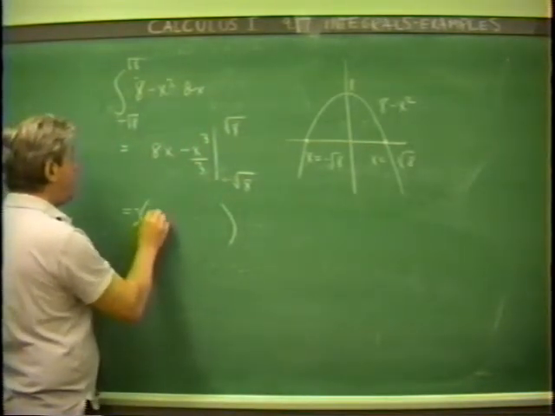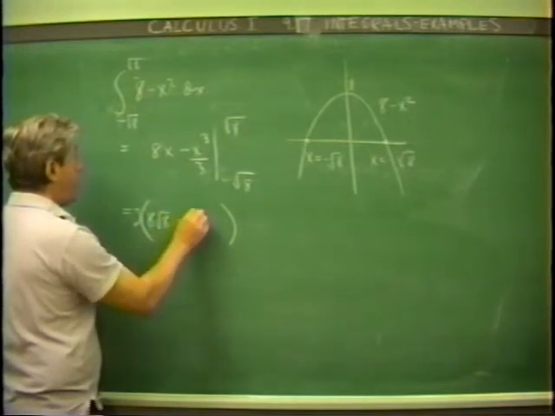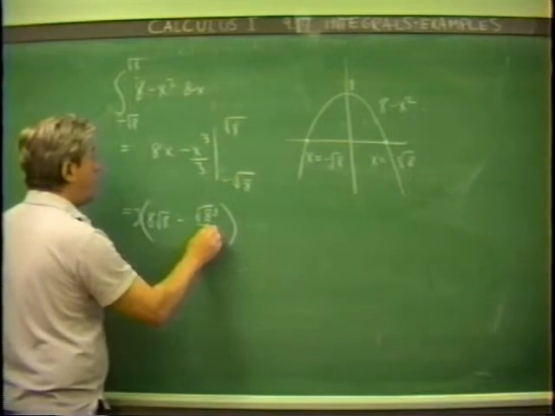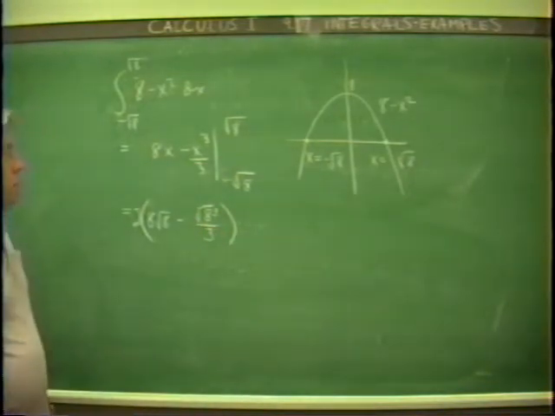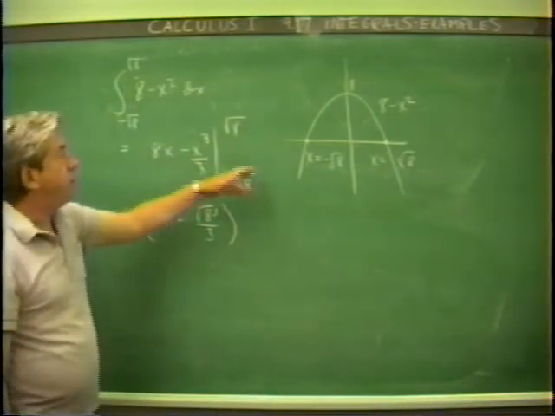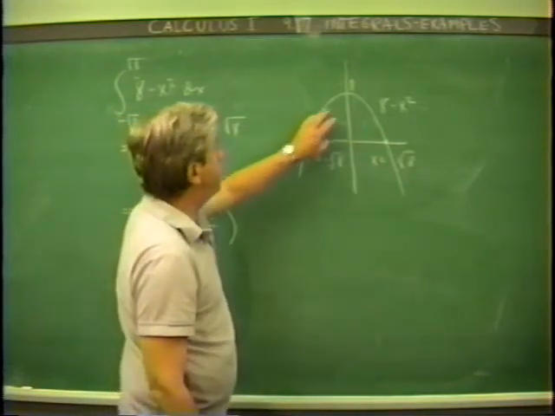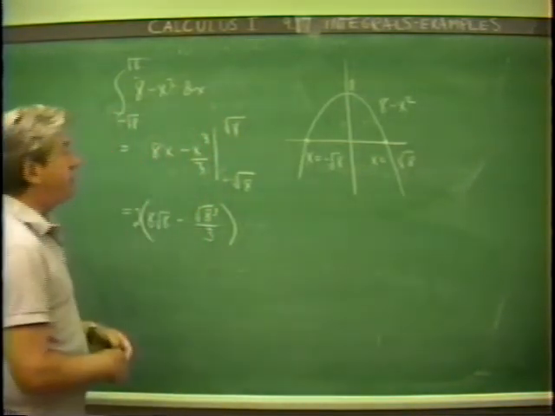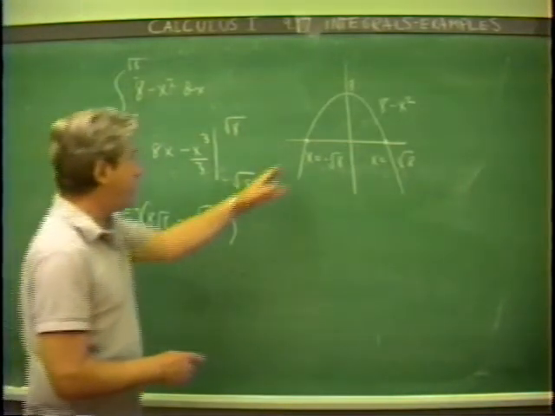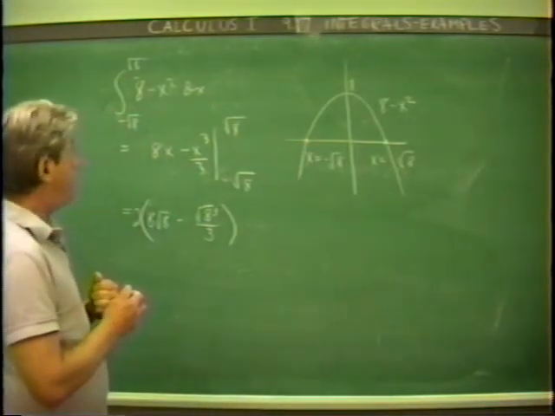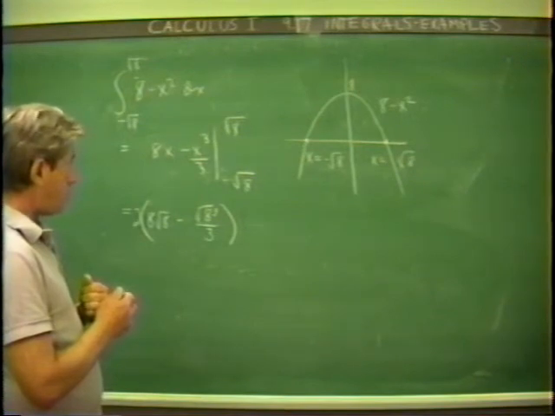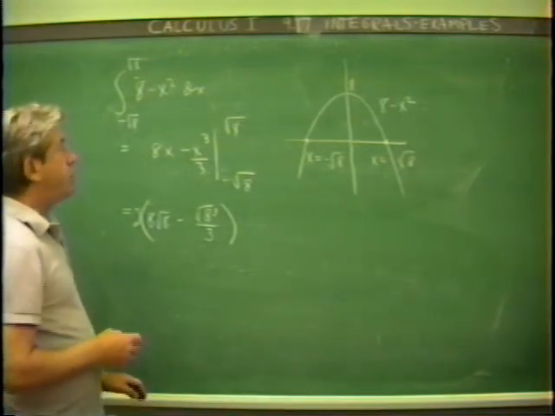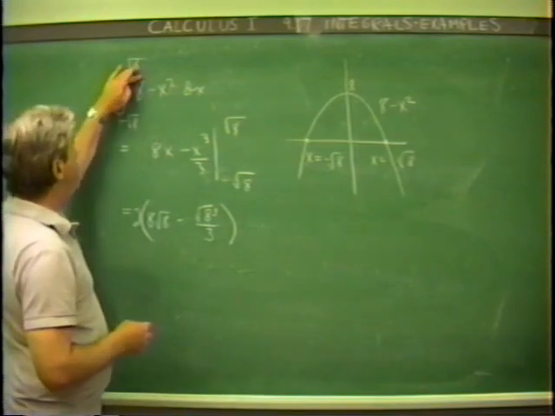It's going to give us twice the value at the square root of 8, clearly here by the symmetry. And so this is going to be equal to 8 square root of 8 minus the square root of 8 cubed over 3. So if you've got a particular curve and you want to find the area underneath the curve and above the x-axis, you can do that by finding what the limits of integration are.